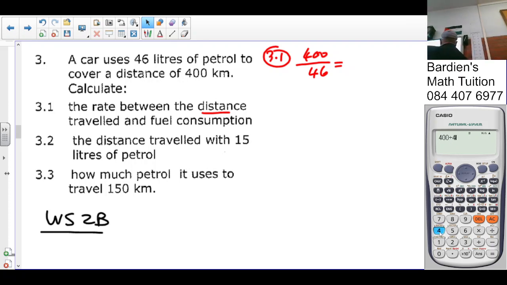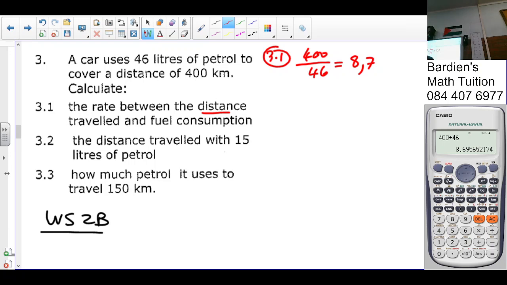So 400 divided by 46 gives us 8,6956. If they ask us for 3 decimal places, look at those 3 numbers, the 4th number is a 6, so that would have changed to 8,696. But we normally work with 2 decimal places.